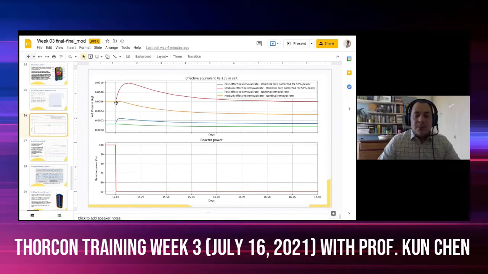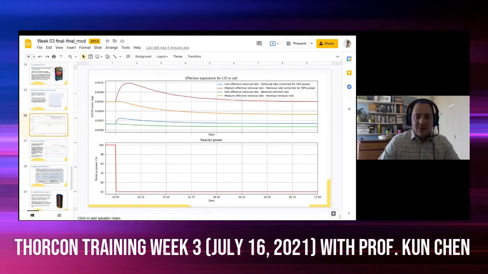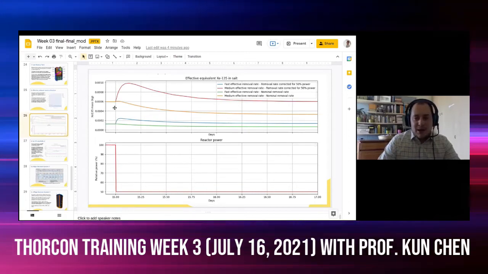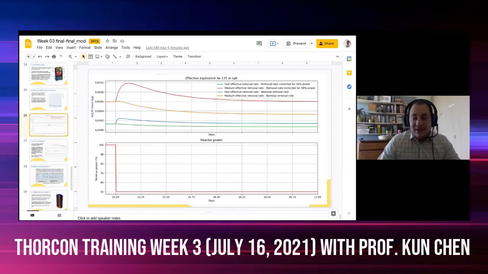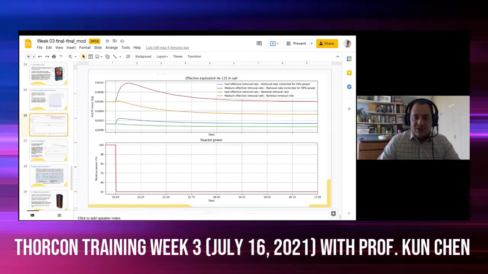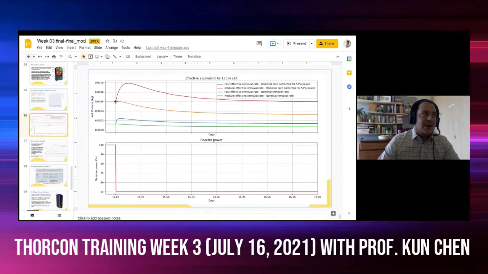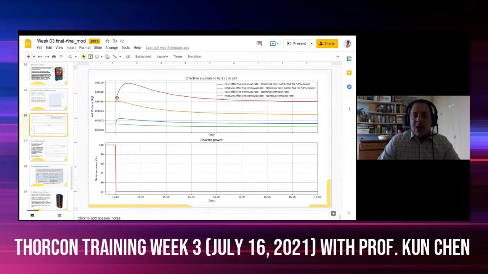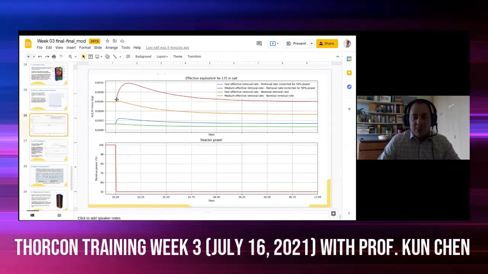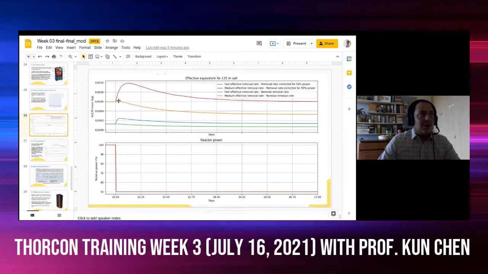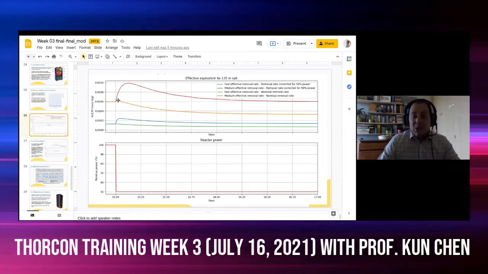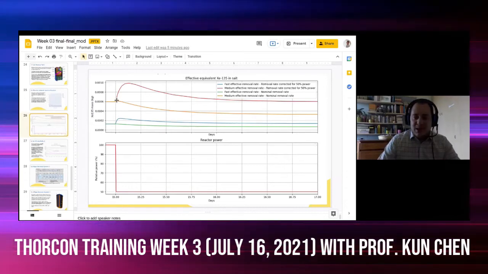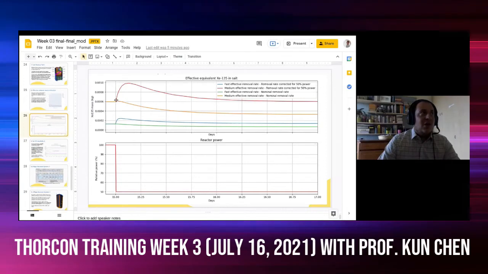This is due to the minor fraction of xenon atoms that are removed by neutron capture. At the beginning of the change in power, the xenon-135 level is almost constant because it has not changed its equilibrium value at all, and the fraction of xenon removed due to neutron capture drops by 50%. So you can barely see this increase because in the ThorCon reactor, the amount of xenon removed by neutron capture is very small, almost negligible.